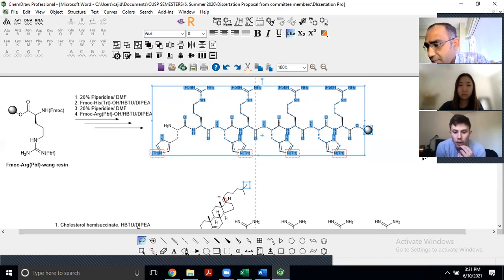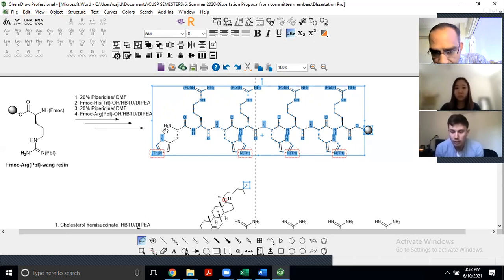Now, if I want to make a cyclic peptide, what I do, I don't remove the protecting groups. I just remove the resin. So if I remove the resin, what will I get here? Carboxylic acid. Very good. And what we have here? Free amine. So if NH2 reacts with this carboxylic acid, because everything is protected, only the two free groups are NH2 and this carboxylic acid group, and they do an intermolecular reaction with each other.